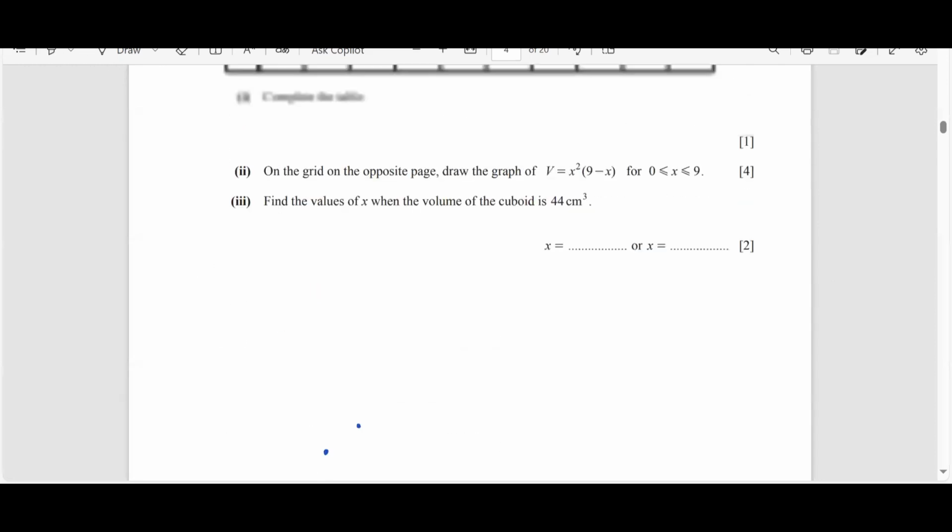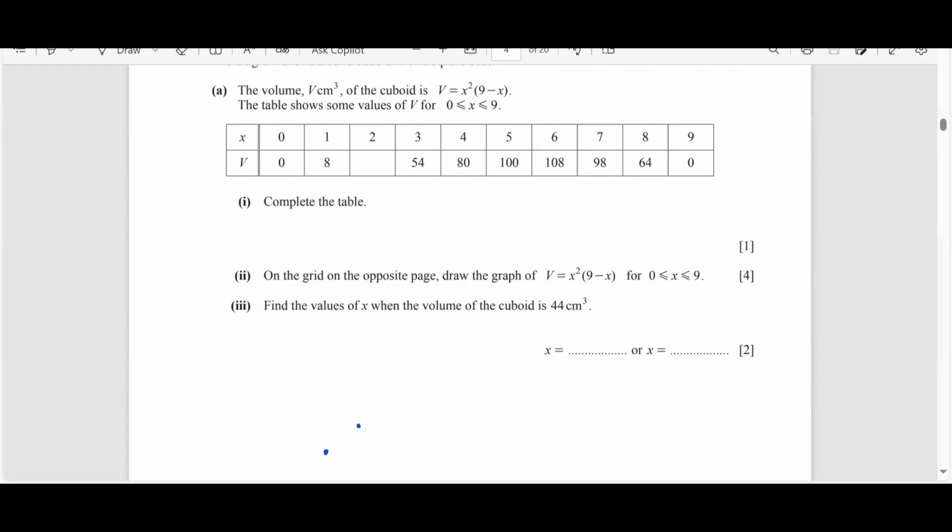Now, let's check the values here. We have 2, 28, 3, 54, 4, 80, 5, 100, 6, 108, 7, 98, 8, 64, and 9, 0. All these points we have to plot on this particular grid. So we already completed 2 points, 0, 0 and 1, 8.